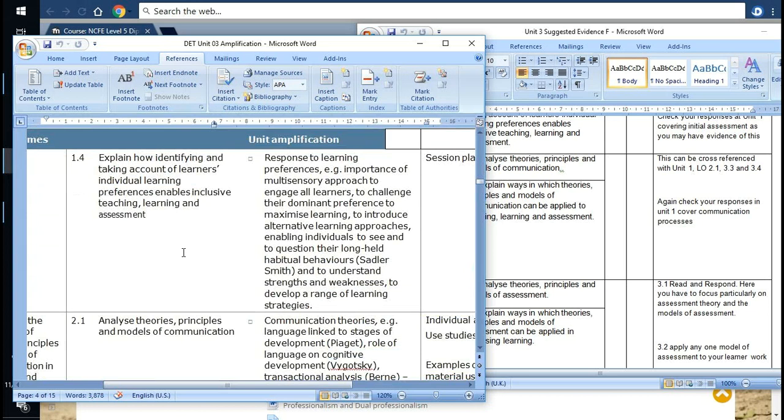(1.4) Explain how identifying and taking account of learners' individual learning preferences enables inclusive teaching and learning and assessment. Again, response to learning preferences, the importance of a multisensory approach, which is what you do anyway, and then dominant preferences to maximize learning.